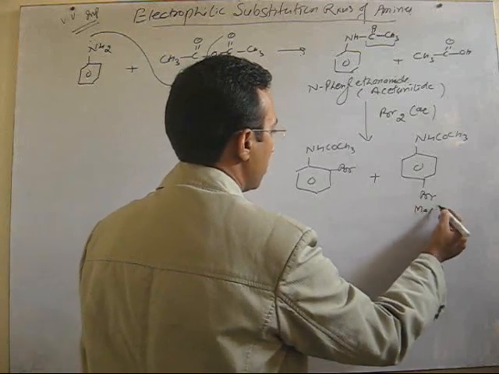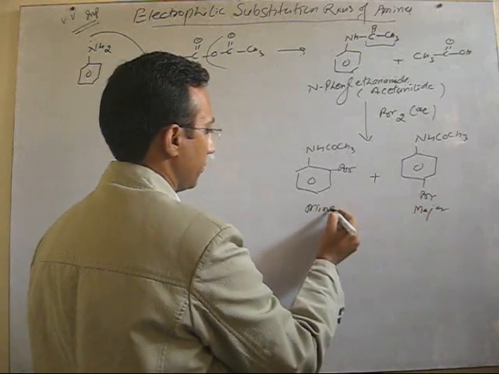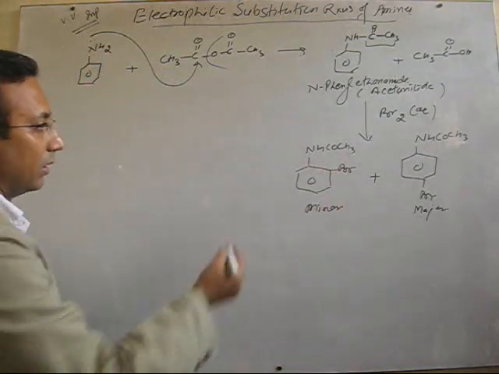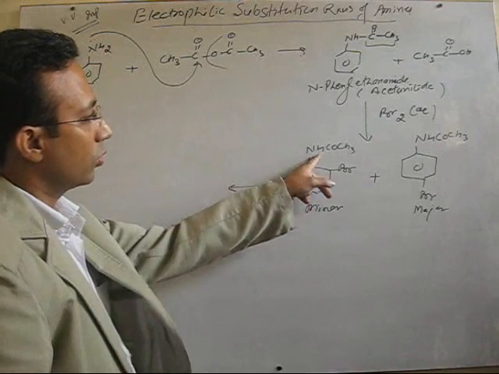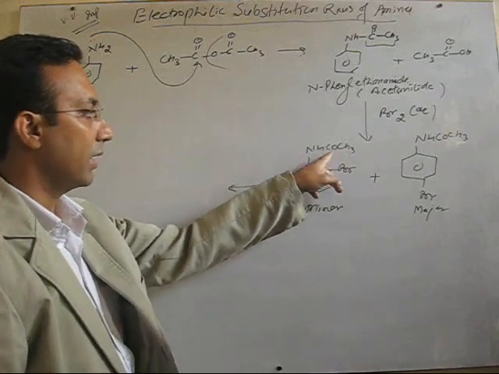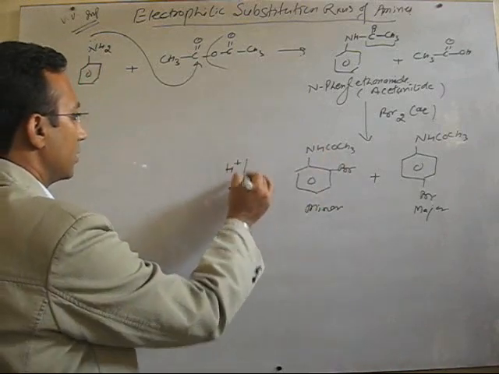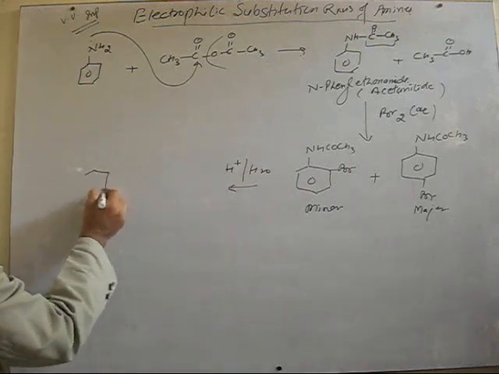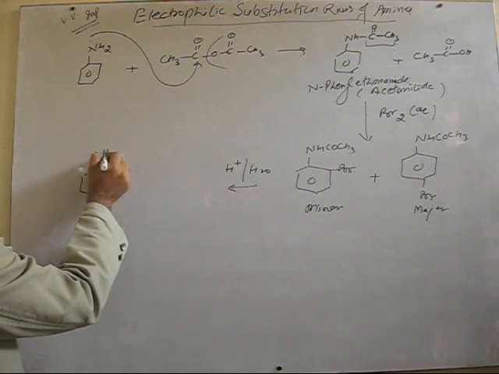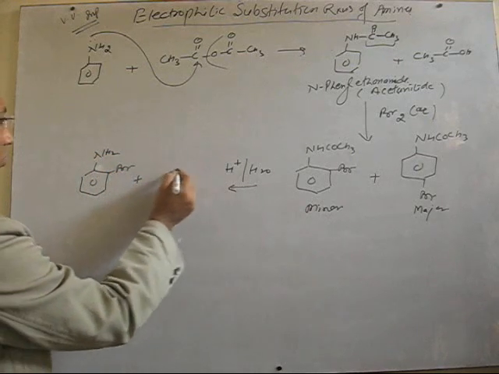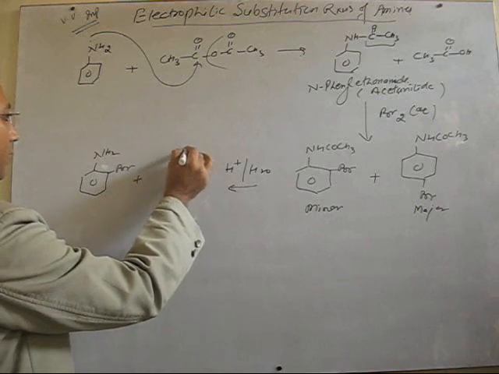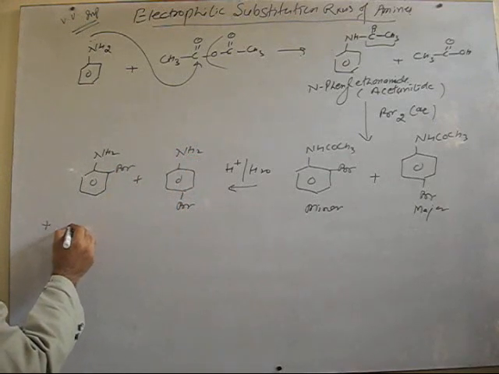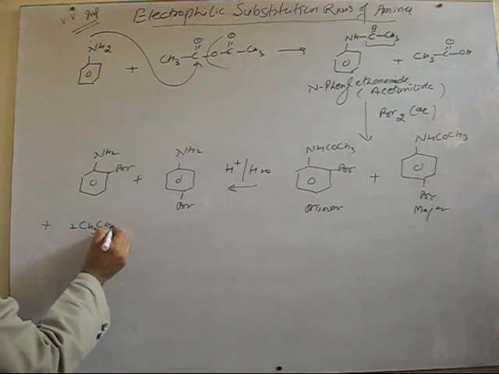Para is the major product in this case, so ortho is minor due to steric hindrance present at the ortho position. But ultimately we want the NH2 group here, so we have to remove this acetyl group. For that we use hydrolysis in acidic medium. So these groups are further converted to the NH2 group by hydrolysis, plus we have got 2 molecules of acetic acid.